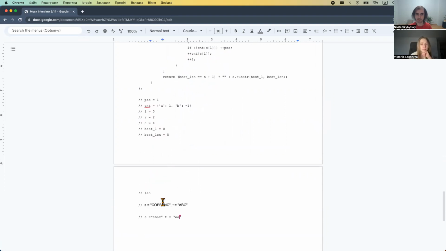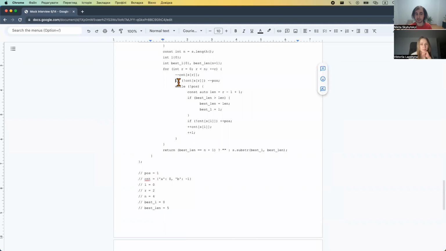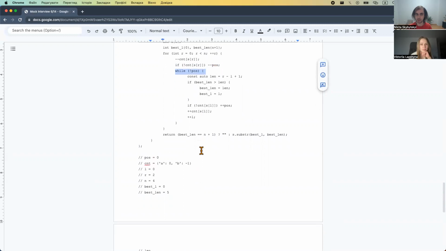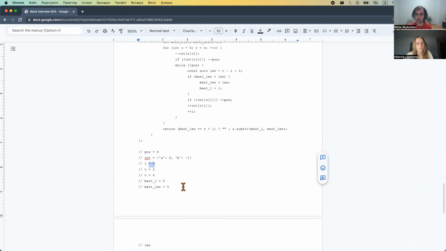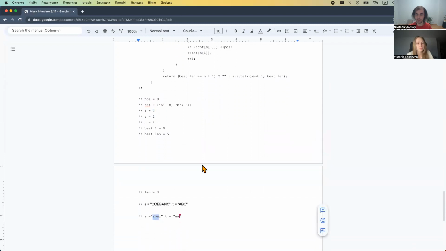S right is A. Decrement the frequency. Well, now it's at 0, so pos gets decremented to 0. While not pos, go into it, length. 2 minus 0 plus 1, 3. Makes sense, because we now have the string ABA.